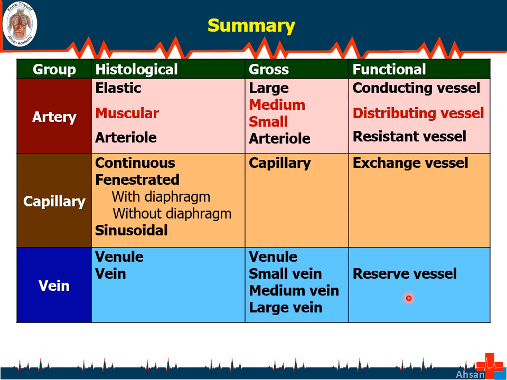So conducting vessel distributes the blood to the organs and become narrower to maintain the pressure of the blood. Resistant vessels, there will be capillary for the exchange and return back, and with the low pressure, a large amount of blood is remaining in the vein. That's why it is known as reserve vessel.